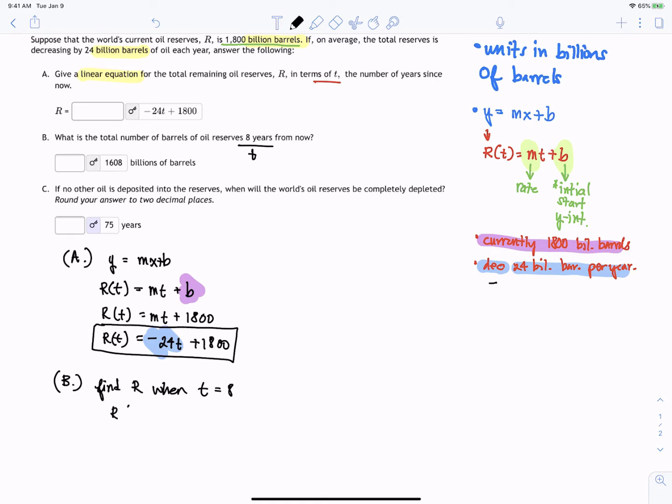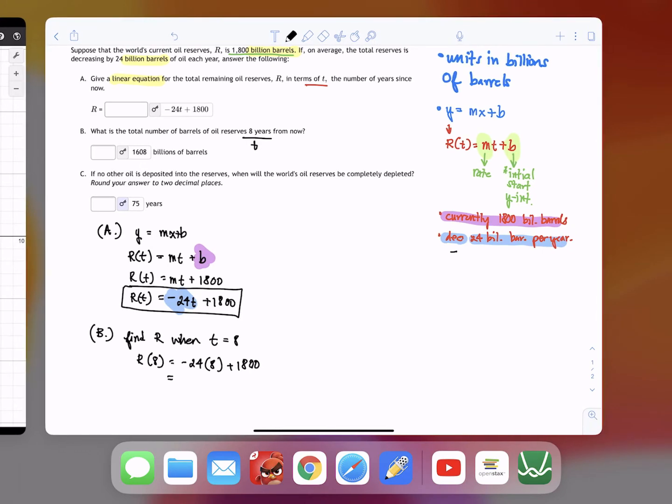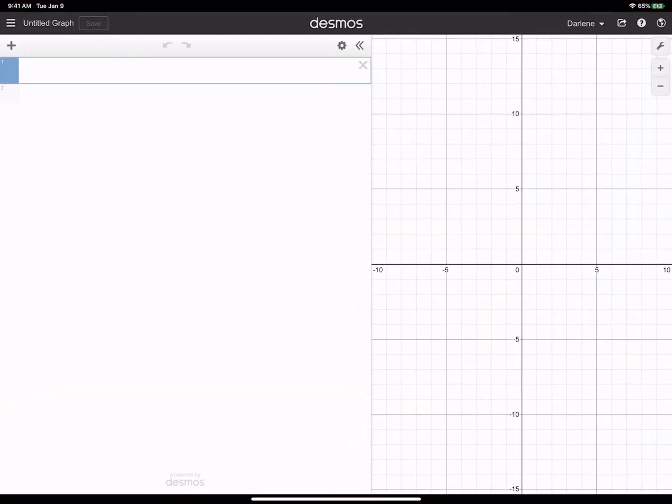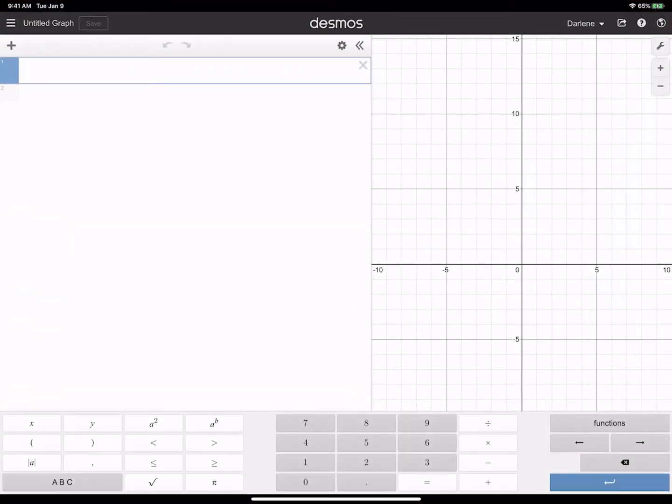So we're just going to essentially find R of 8, which equals negative 24 times 8 plus 1800. And we can easily just put this in our calculator here. And this is Desmos that I'm using. So negative 24 times 8 plus 1800 gives me 1608.